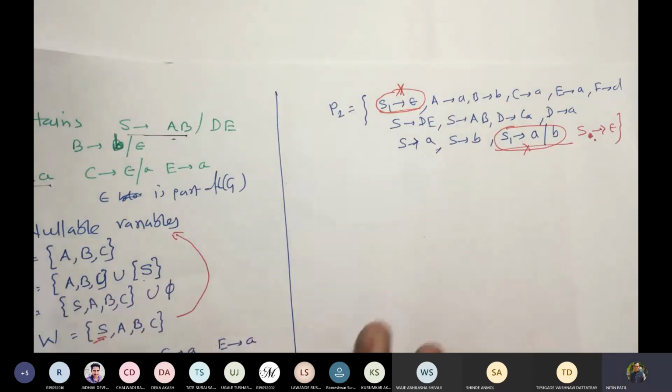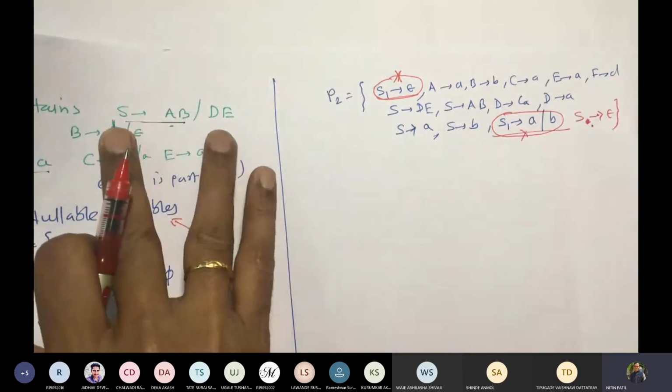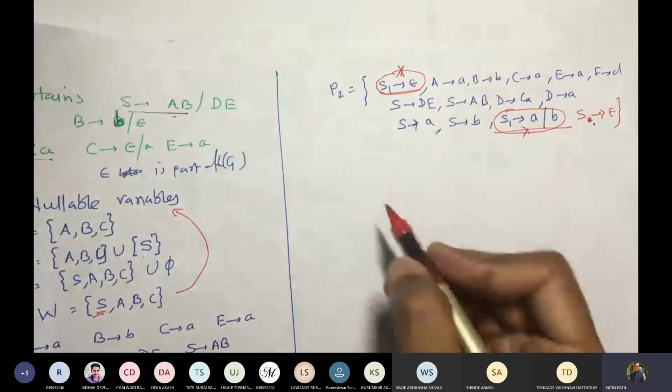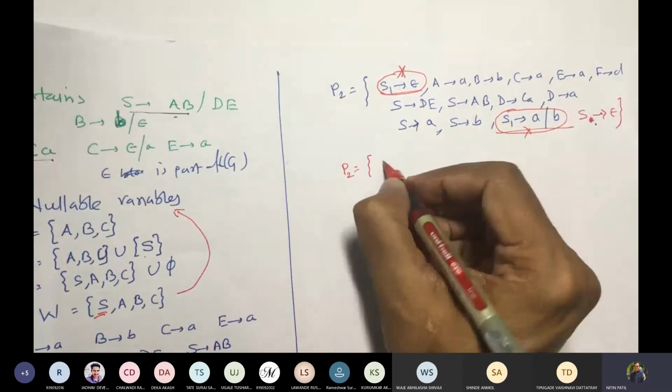And I will take another example as well where S is occurring on the right side. So we'll make some small modification in this grammar in a second problem. So now my production set would be this. P2 would be modified. P2 would be this.